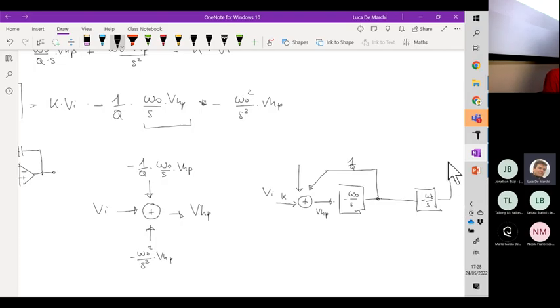This second integrator is also attached to a feedback loop, which represents this term here. We need an additional multiplication by minus 1, because minus and minus is plus omega0 over S^2, and then we need to subtract this term in this mixing circuit. So mixing circuit, integrator 1, integrator 2, and we get VHP.